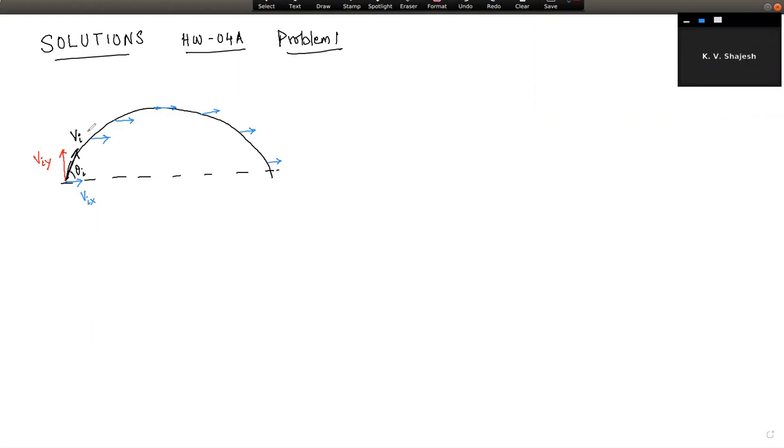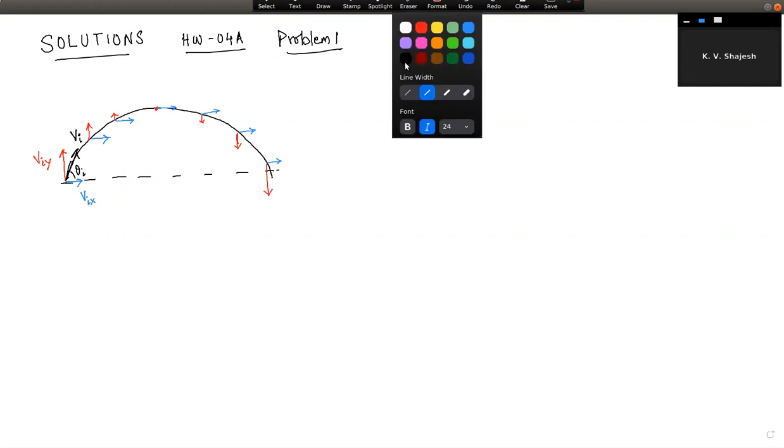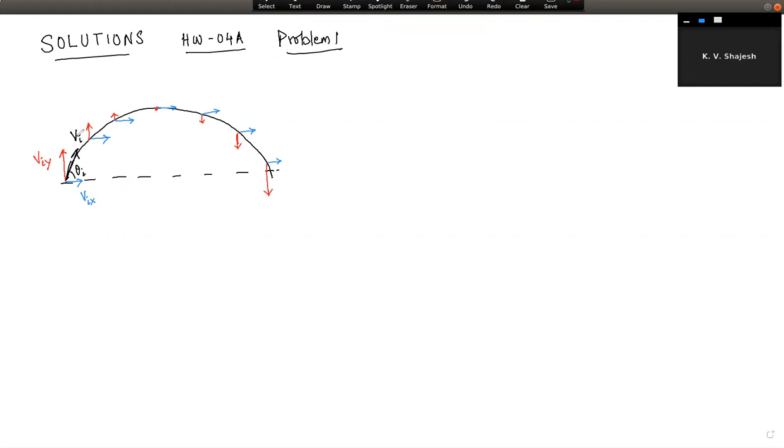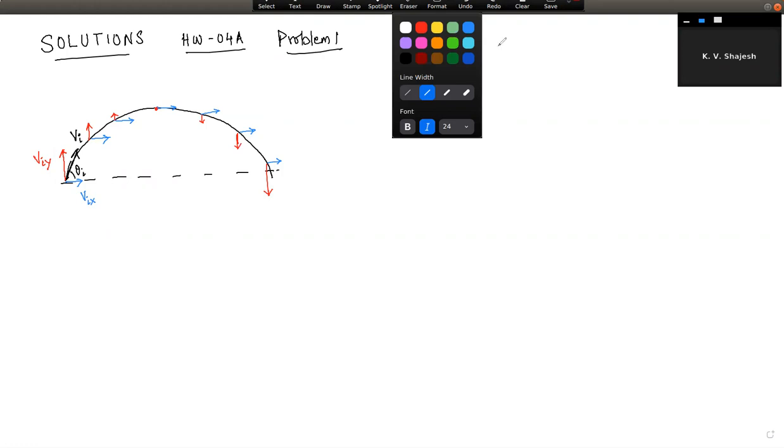The y component instead keeps decreasing, so it decreases in size, it gets smaller, it becomes zero right here, then starts accelerating downward, right? And at this point, it will be something like this. Now, what is given to us is the v initial piece in here. So before I begin, let me write down a few things.